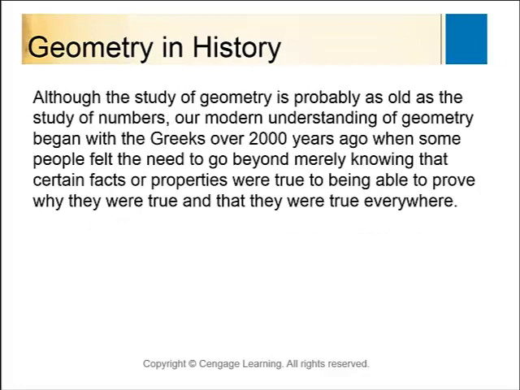In this side, they're going to talk to you about the fact that people decided just because we could look at something and kind of say it's true, that wasn't sufficient for us. We wanted to know exactly why it was true and to prove that it was true.